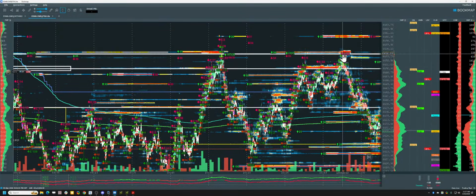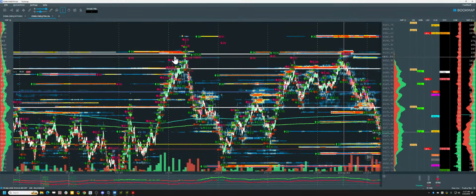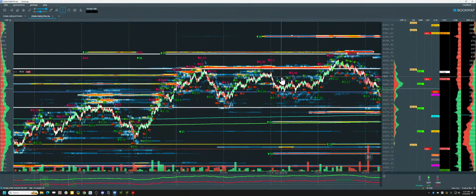If I come up, I know right here I've got my sellers. I get a sweep here. So I see my sweep. Notice what's similar. I have a sweep. I have resting liquidity here, and this is where things get nasty. If I want to sell this, this is a trigger. I can sell this. Does this look familiar to that?